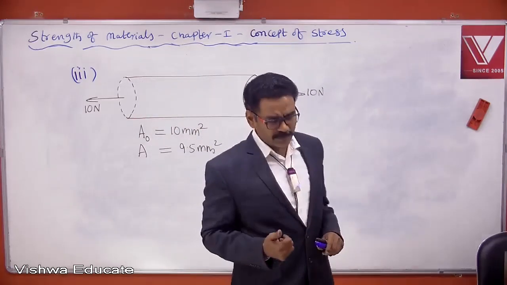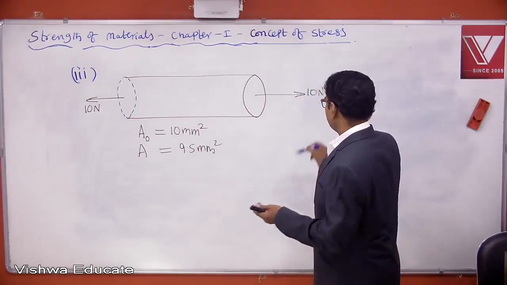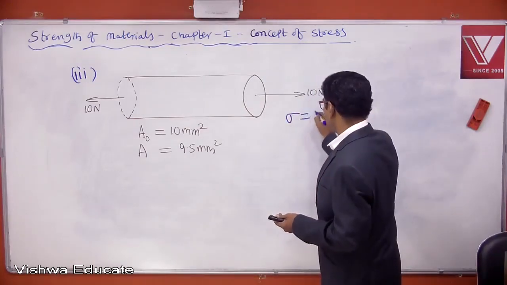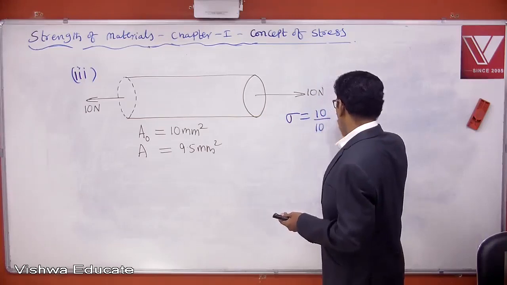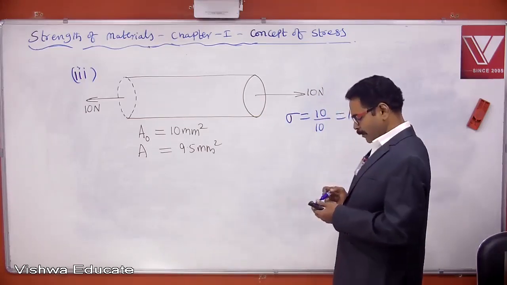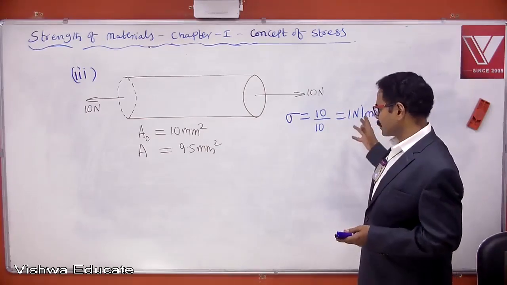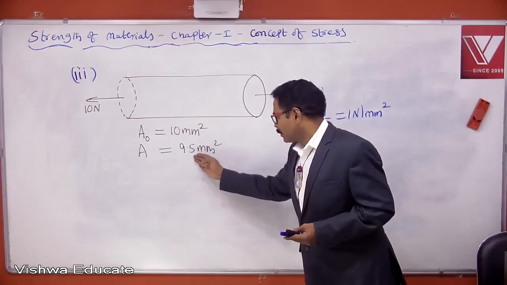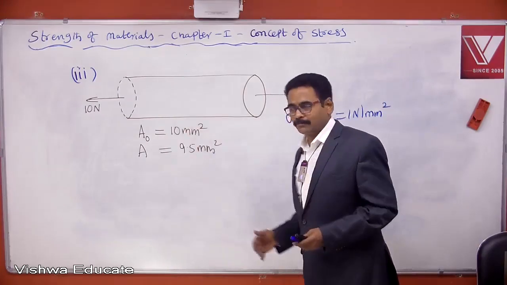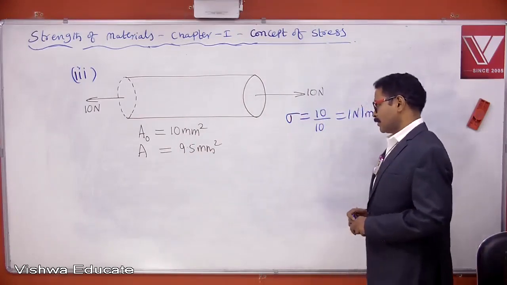I am sure in your BTech, you might have found stress like the stress in this bar is equal to 10 by 10, that means 1 Newton per millimeter square. You never find stress with respect to the area after loading. 10 is area before loading and 9.5 is after loading.